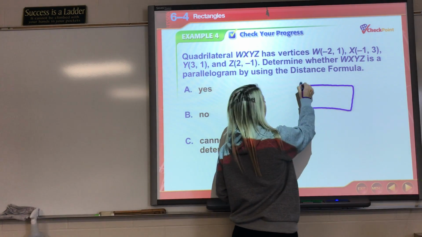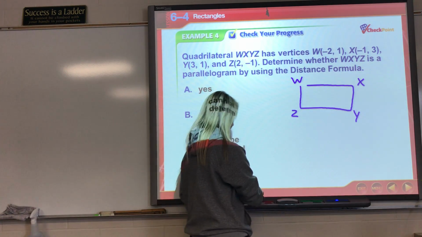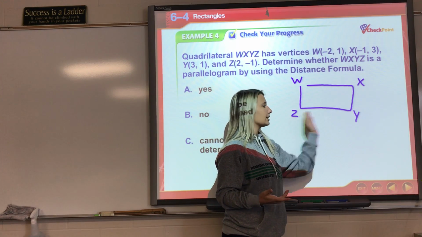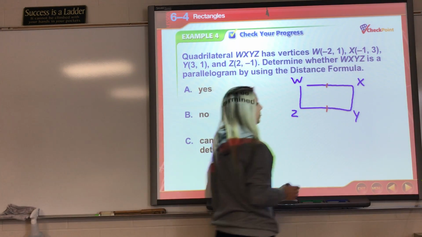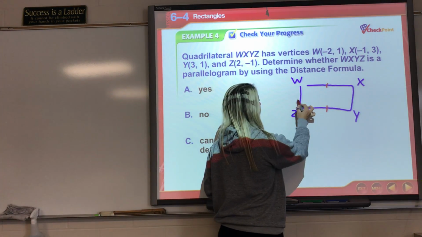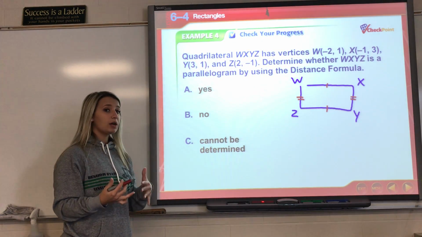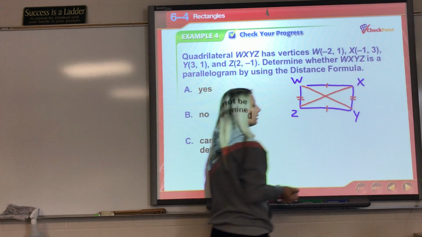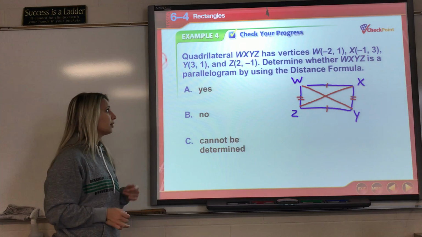Okay, so we have W, X, Y, Z. So we would need to find WX and YZ to be congruent. Then we would find XY and WZ to be congruent. Okay, and that's just proving that it's a parallelogram. Now if we go in and find WY and XZ, and if we found those to be congruent, which we will, then it's a rectangle.